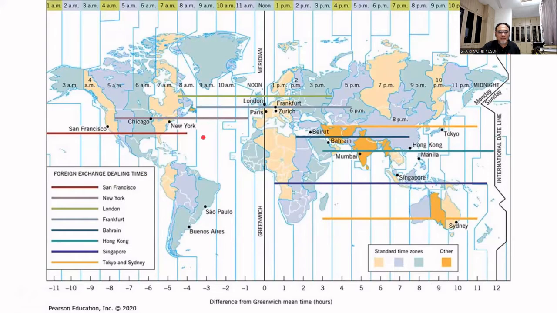What time does London open, from 8 a.m. to 4 p.m.? Okay, 8 a.m. Well, noon in London. Okay, so this is the time. Did you notice here, Singapore? How long does Singapore open?